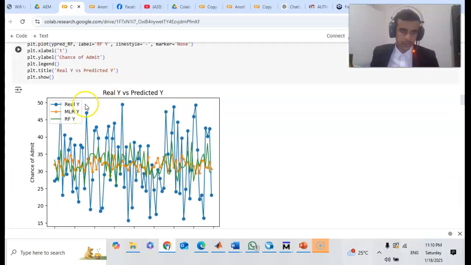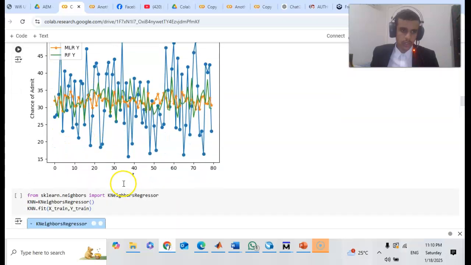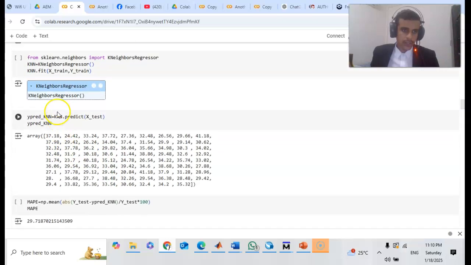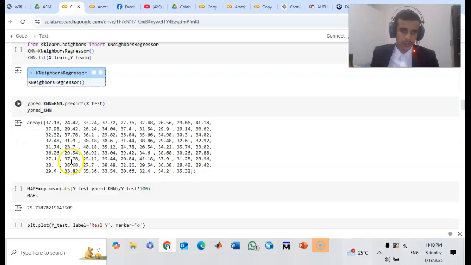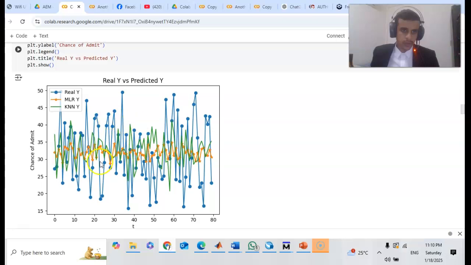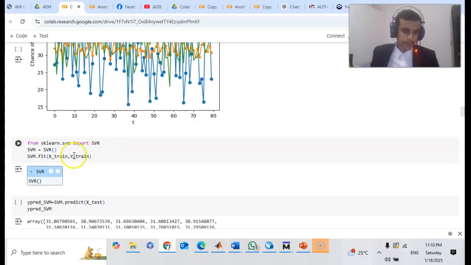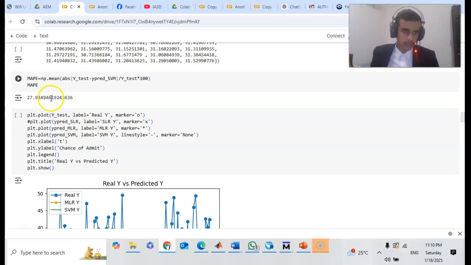This is the graph of the data for real Y, MLR Y, and random forest Y, as you can see here. For neighbors regression, the MAE is 29.718. This is the graph for the KNN Y.